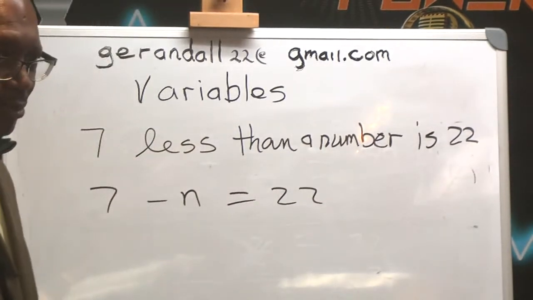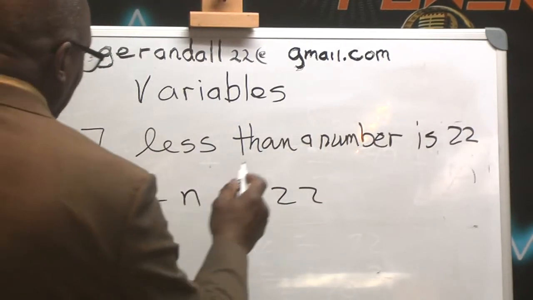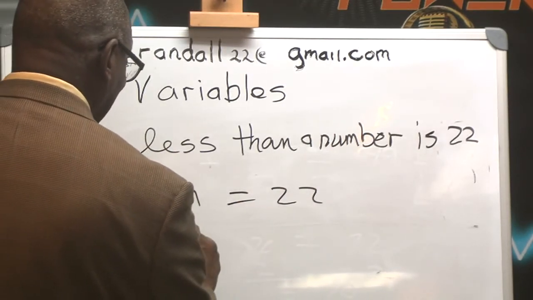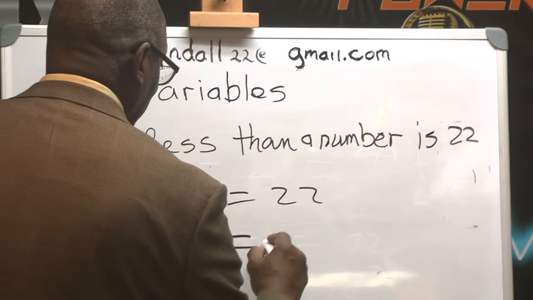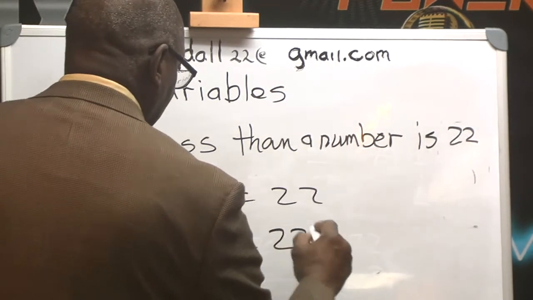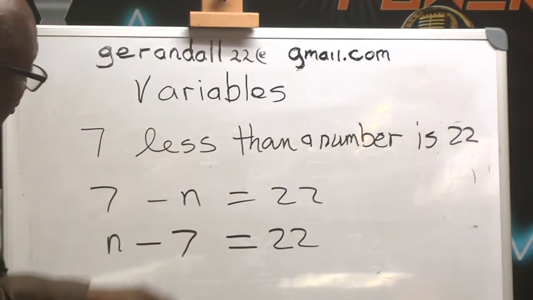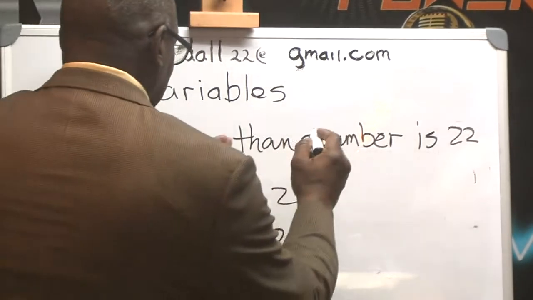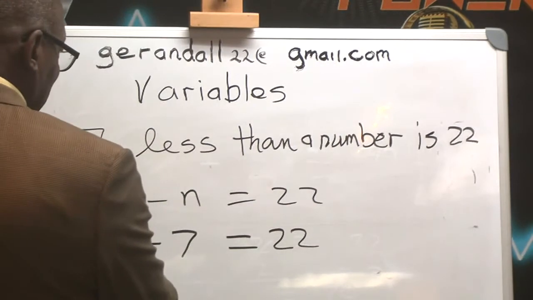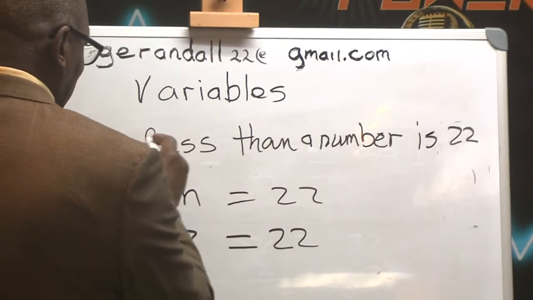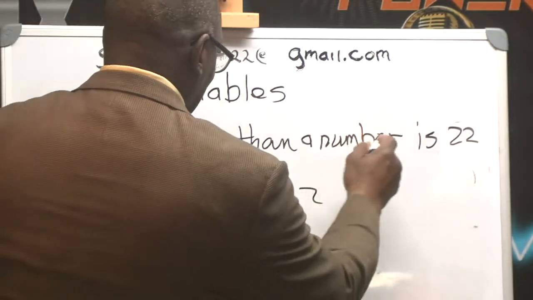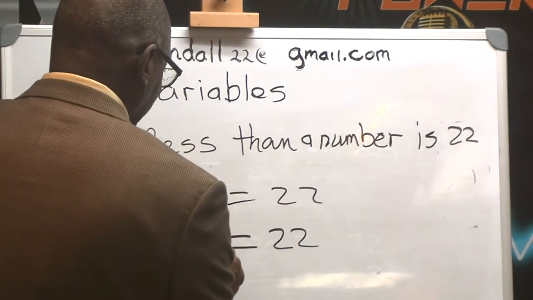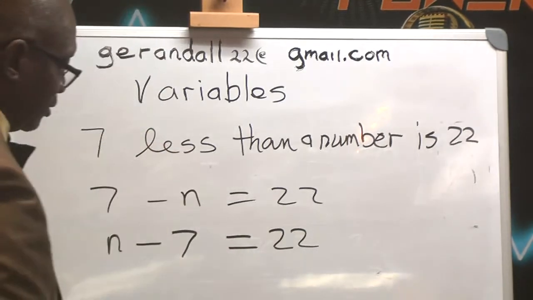That's why we have to be able to read. That's really, the number came first, we subtract 7, and we get 22. Must be able to interpret what that says. Even though 7 came first, 7 less than a number. So you have the number, you subtract 7, and it equals 22.